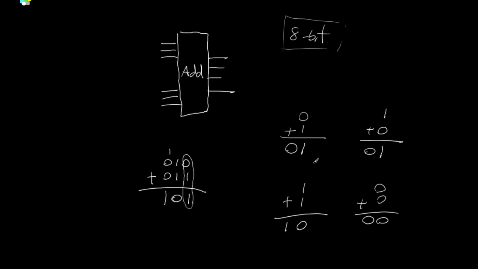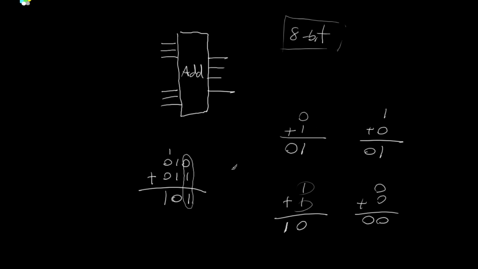So what we're going to do is look at this here. The second digit here is only 1 if both the inputs are 1. So this digit is just a simple AND gate, right?